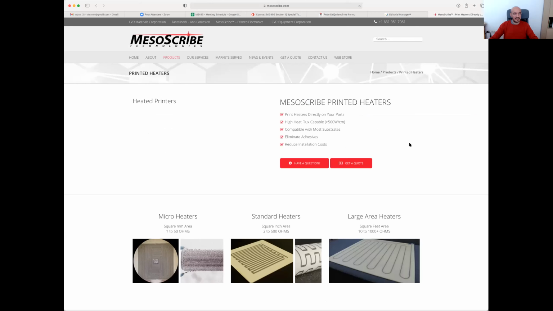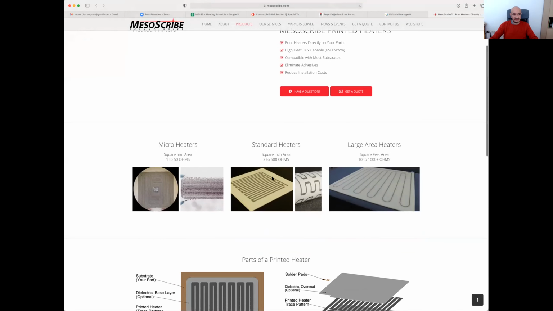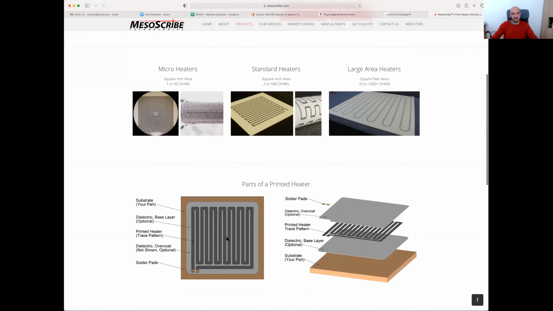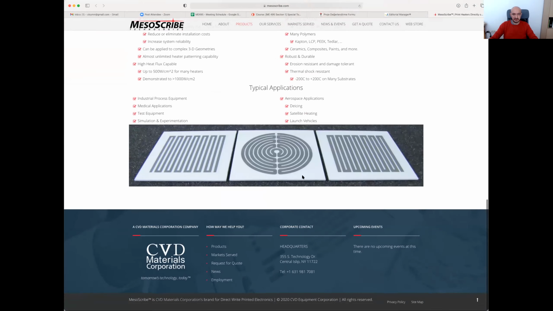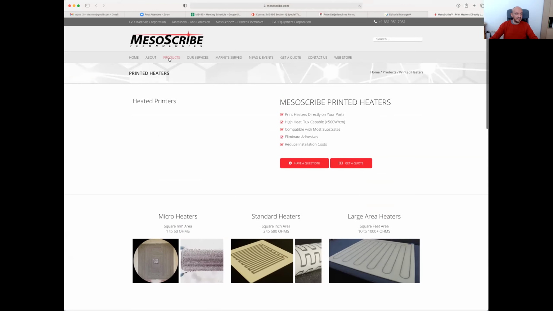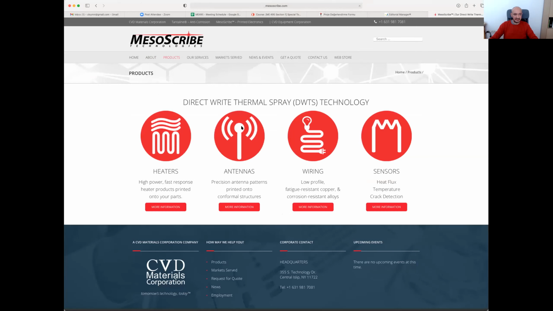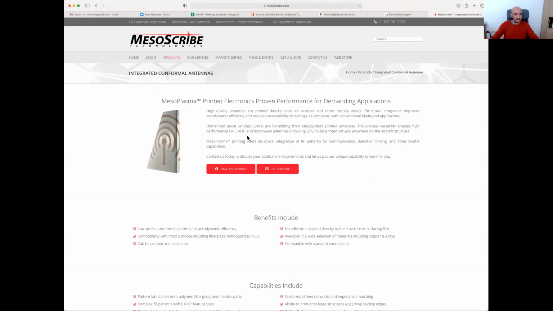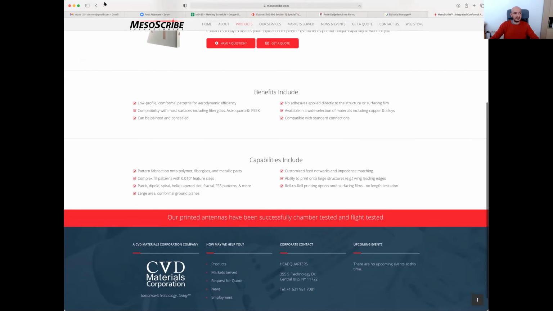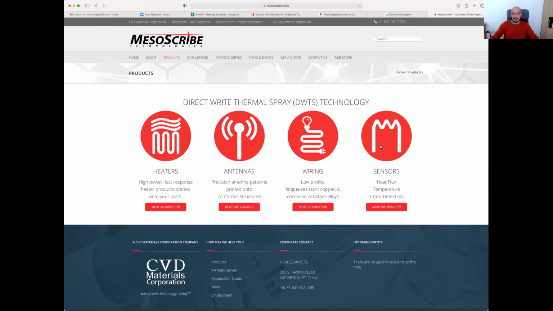Yes, this is their website, Mesoscribe Technologies, and as you see, they are printing such little heaters or antennas on these mostly planar or sometimes foam surfaces. And they are using thermal spray. Let me check their other products if they have any. Yes, here you see they can also use the same direct write thermal spray technology to make antennas, other wirings, even sensors.